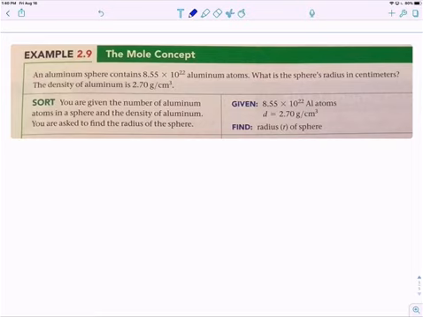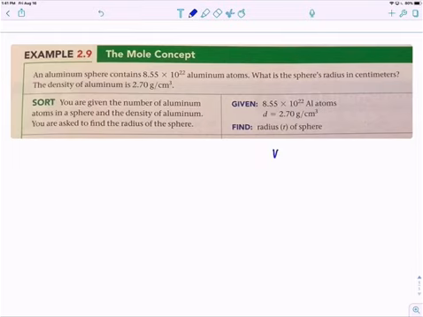But anyways, an aluminum sphere contains 8.55 times 10 to the 22nd aluminum atoms. What's the sphere's radius in centimeters? The density of aluminum is 2.70 grams per cubic centimeter. So you're given the number of atoms and the density, and then you need to find the radius.